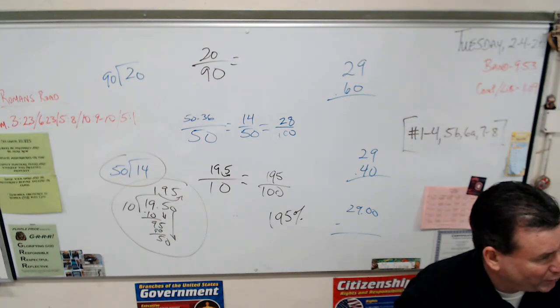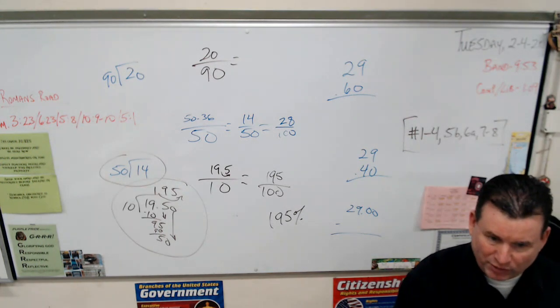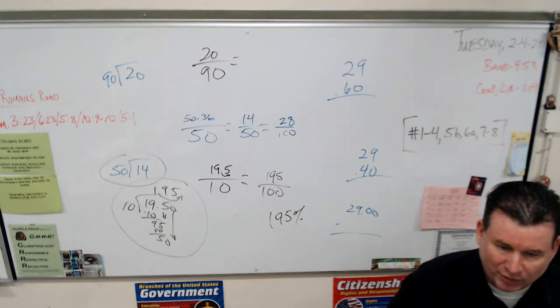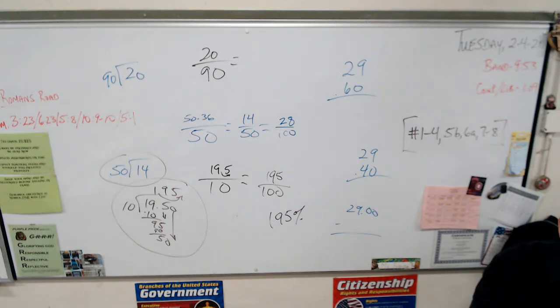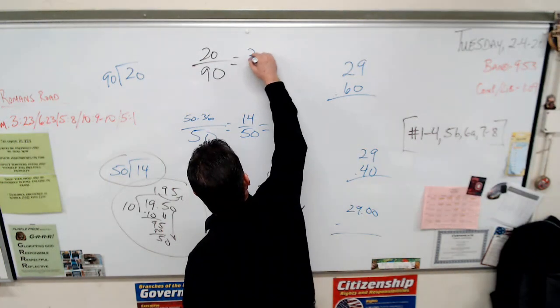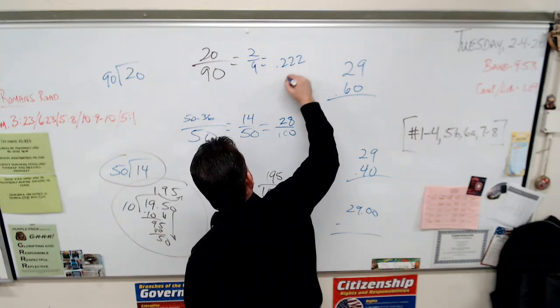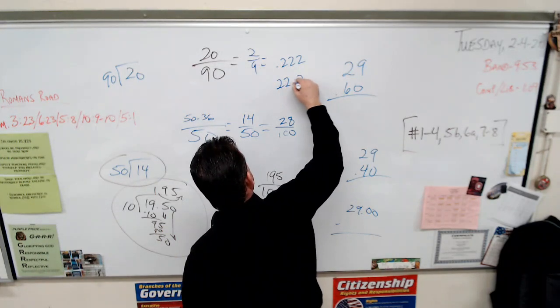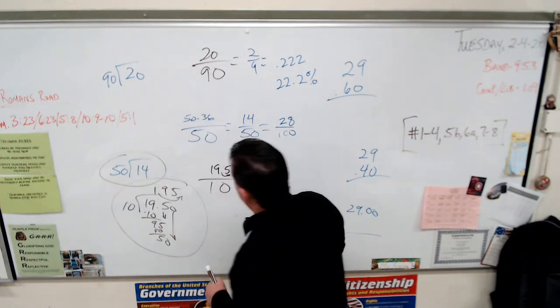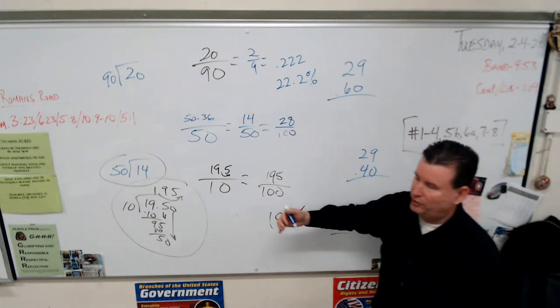It's 0.2 repeating. If I change that decimal into a percent, what's that going to look like? This reduces to 2 9ths, which turns into 0.2 repeating, which is 22.2%. Now, if you can't do that, you always do this.